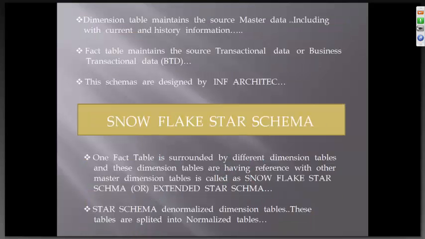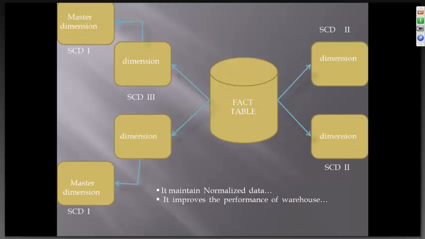Okay. Snowflake star schema. So nothing. Extension here: one fact and these four tables, up to this is a star schema. In addition to these, if you use the relation between dimension and master dimension tables, this is the snowflake star schema.